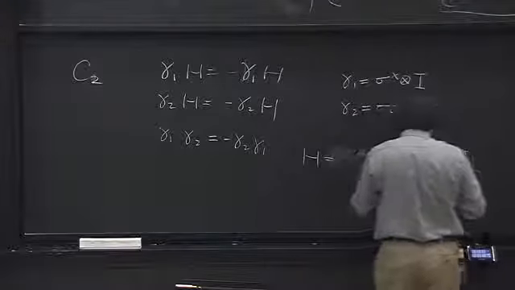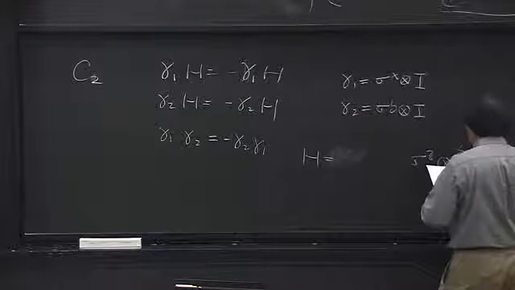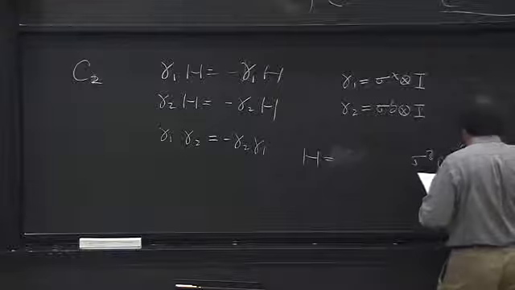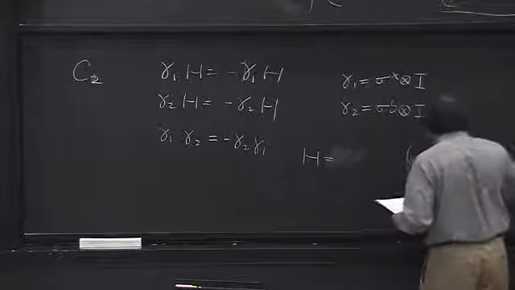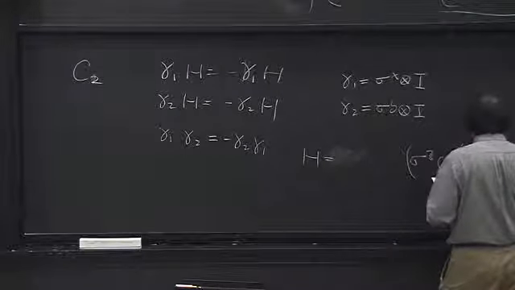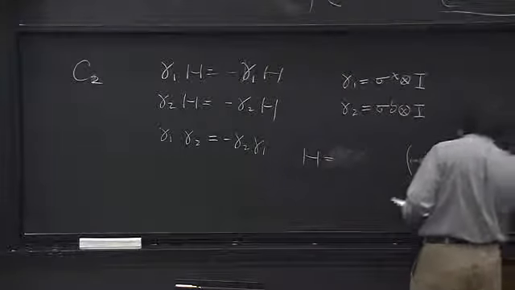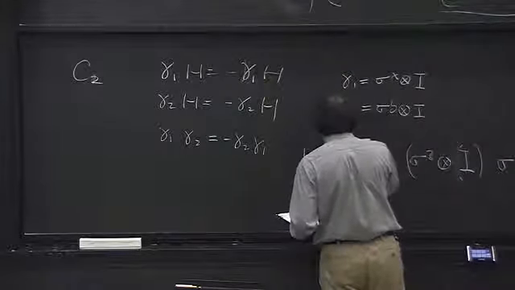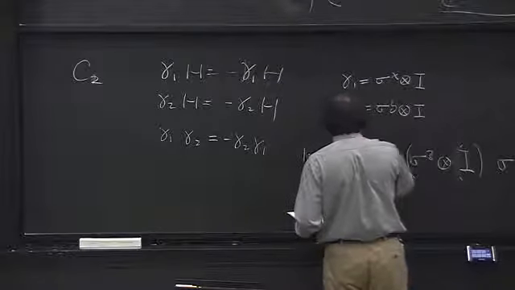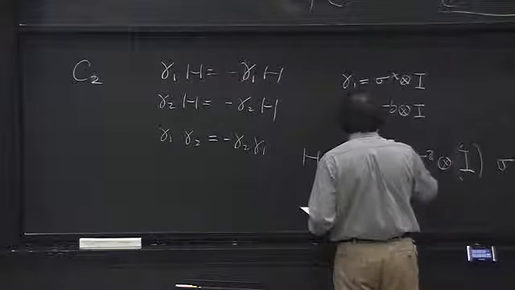But then we can do this rotation: sigma 0 cross an n by n matrix, and sigma 0 cross the diagonal of an n by n matrix.